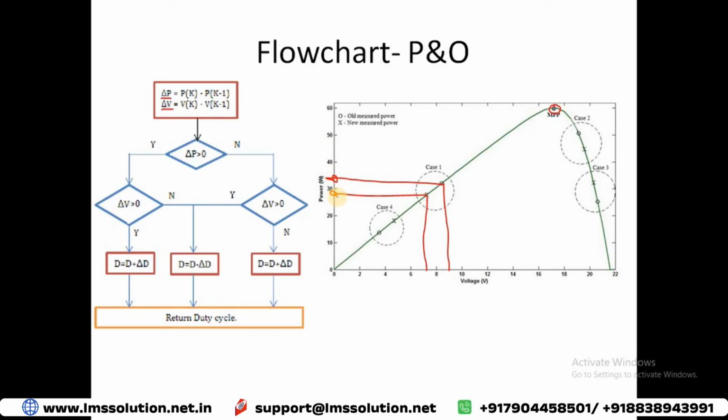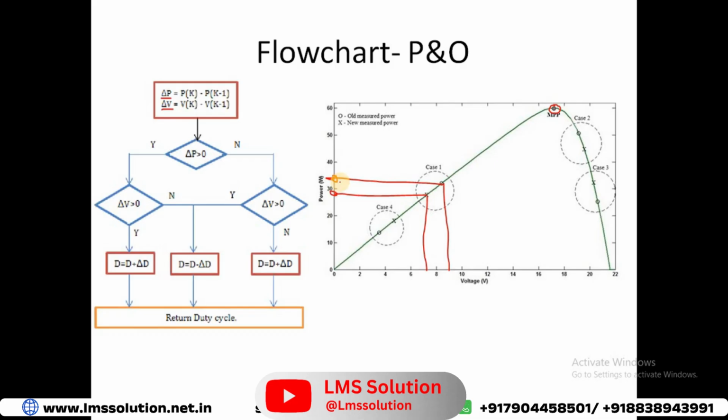The power at the current instant is around 28 watts, and the power at the previous instant is around 35 watts. Next you have to take the difference. 28 minus 35 is minus 7. The power difference del P is minus 7. Next you have to check the condition: del P greater than 0 or not. For case 1, the power difference is negative, so the condition is not true.